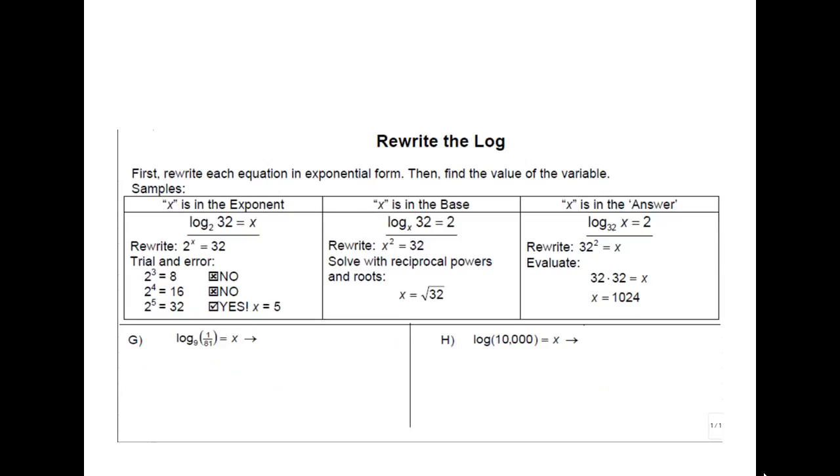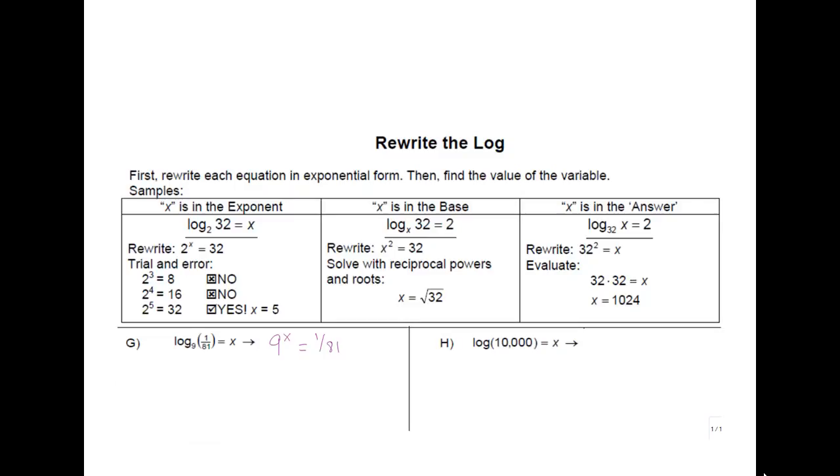Letter G, log base 9 of 1/81 equals x. Since x is the exponent, we will rewrite it as 9 to the x power equals 1 over 81. Now we know that 9 to the 1 power is 9, and 9 to the second power is 81.